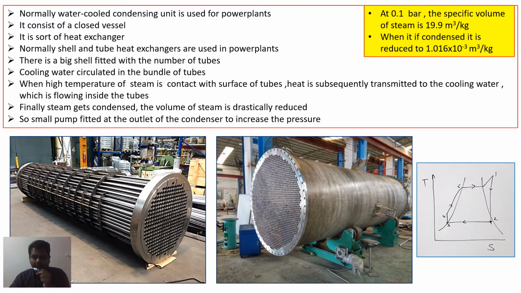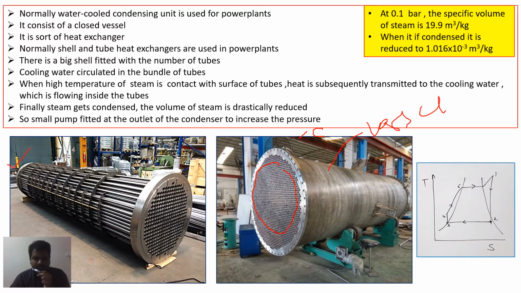Normally in power plants, we use a shell and tube heat exchanger. This is also known as a condenser. A shell and tube heat exchanger will have a shell or vessel. So this is the shell or vessel. Inside the vessel, there will be a number of tubes.